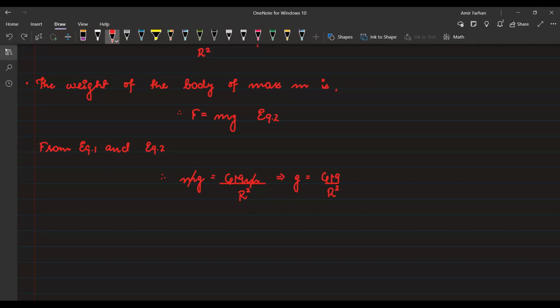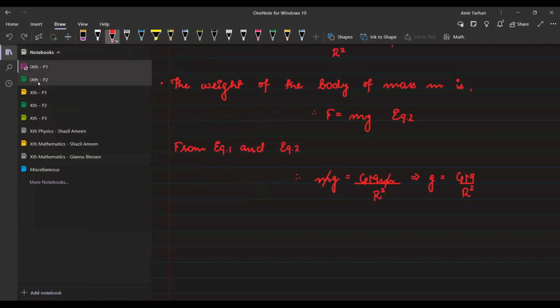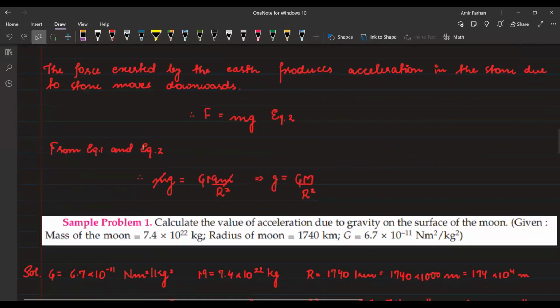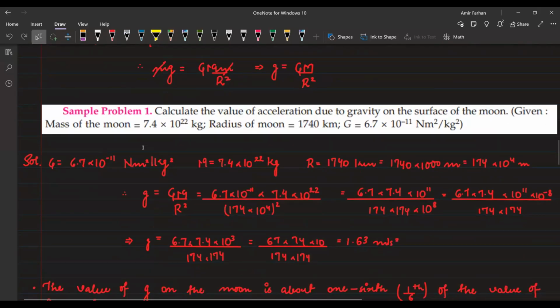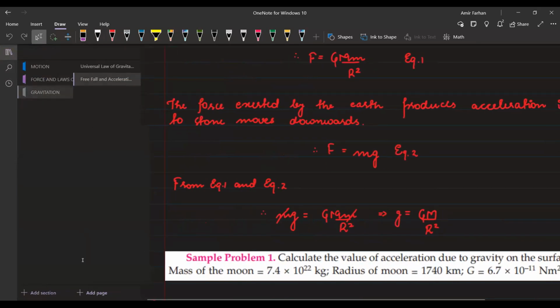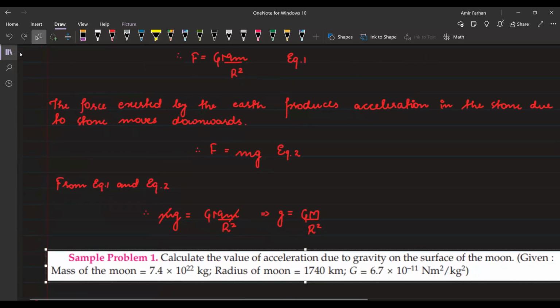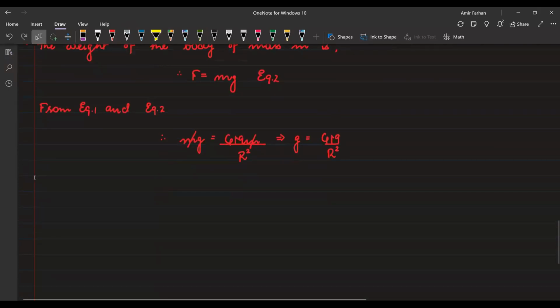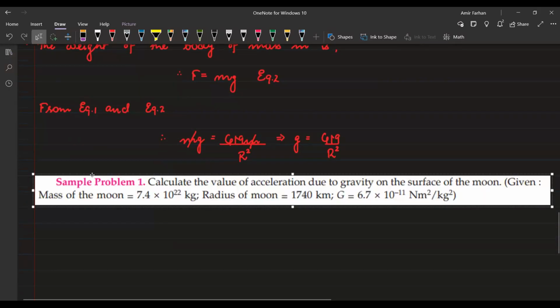Just a second, let me check. I have written something there. So, this was the question. So would you like to try this question, everyone? We just have to substitute the values in the formula and calculate the value of g on the moon.